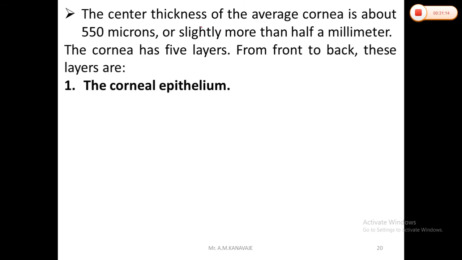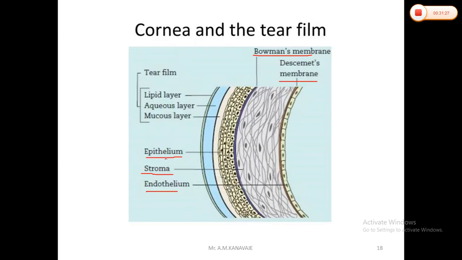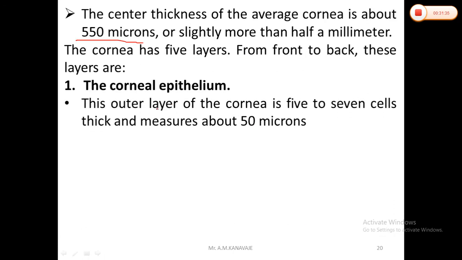The center thickness of the average cornea is about 550 microns, slightly more than half a millimeter. The cornea has 5 layers: the corneal epithelium, stroma, endothelium, Bowman's membrane, and Descemet's membrane. The corneal epithelium is the outer layer of the cornea, 5 to 7 cells thick and measuring about 50 microns.